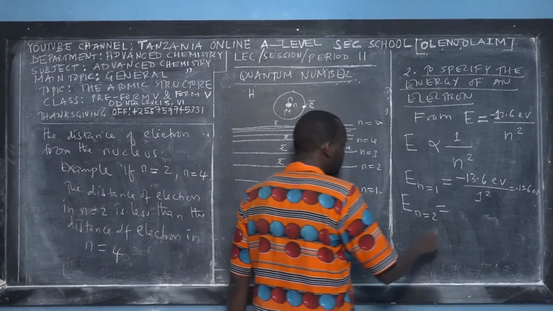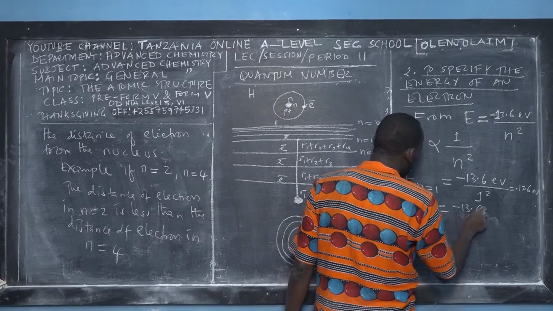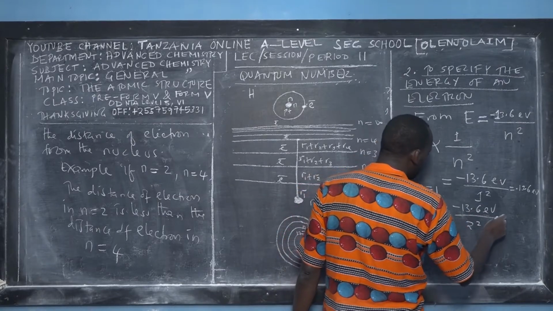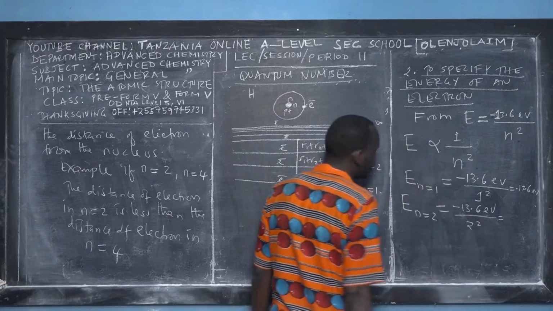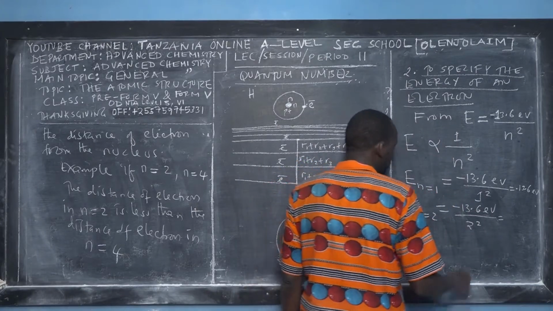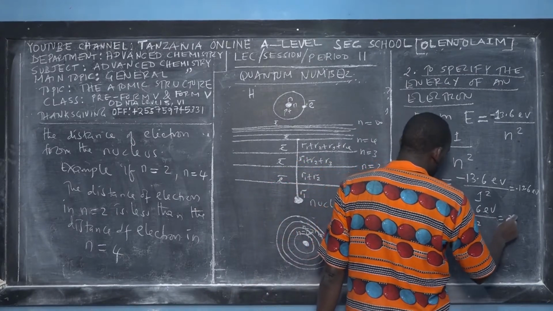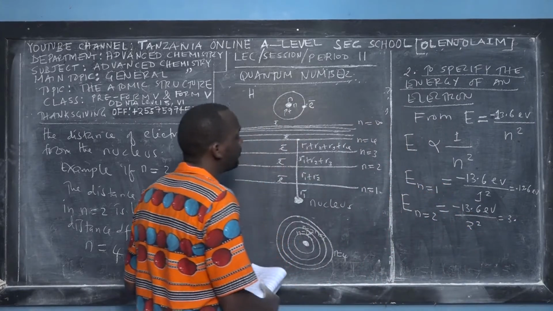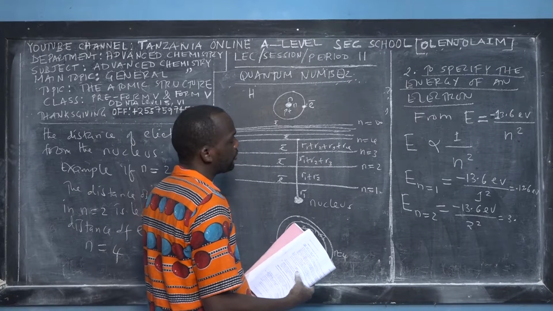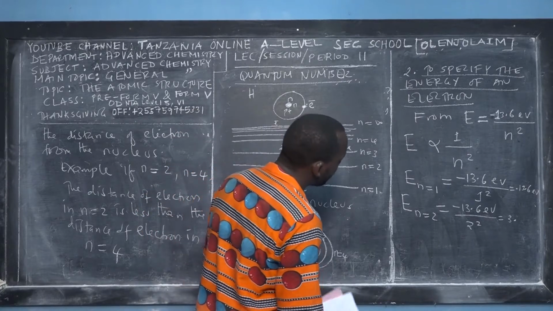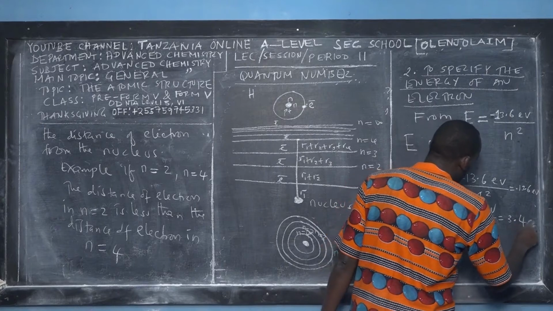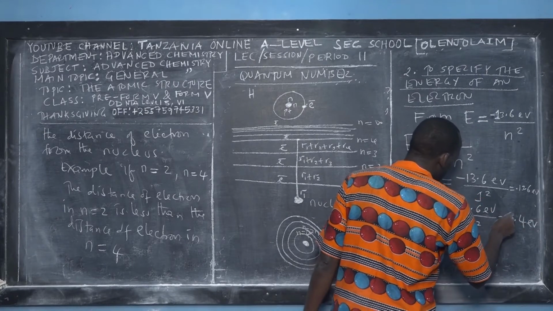This will be negative 13.6 electron volt over 2 squared, so simply negative 13.6 over 4. That is equal to 3.4, so negative 3.4 electron volt.